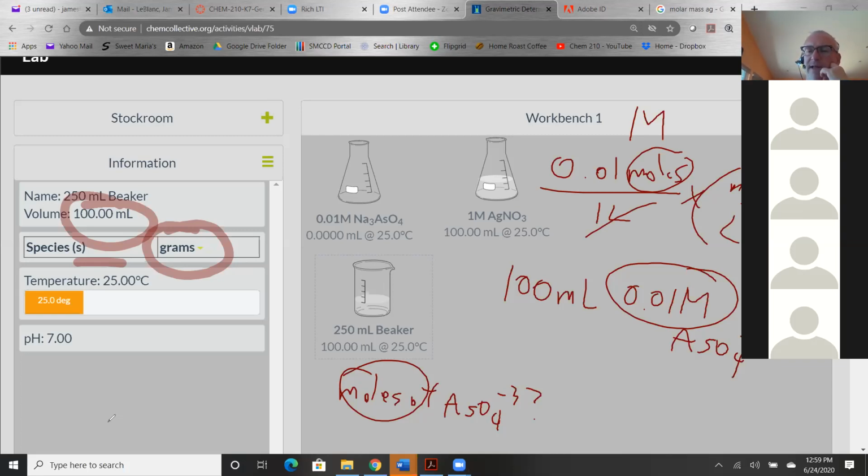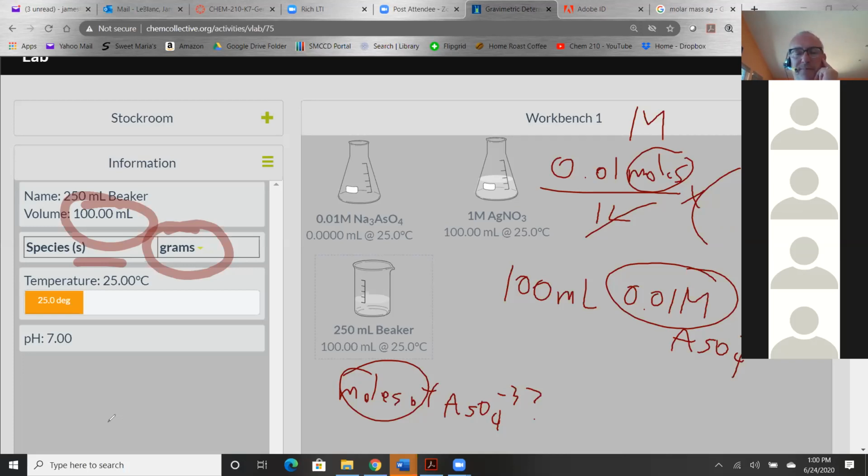I need to multiply by something that cancels out liters and just leaves me with moles. 1 liter over 1 mole. Where does that come from, though? If I multiply that by 1 liter over 1 mole, then I'll just have a unitless number.